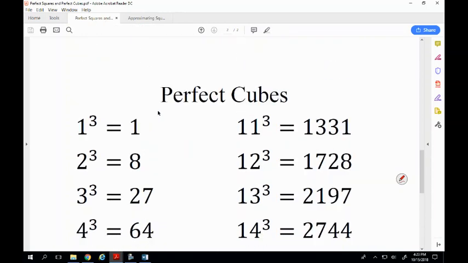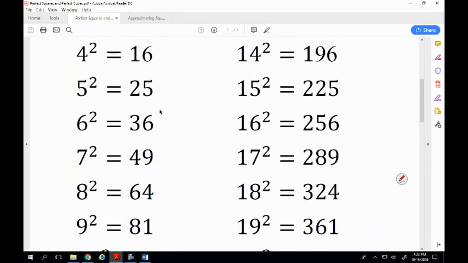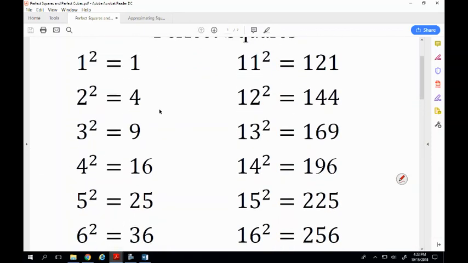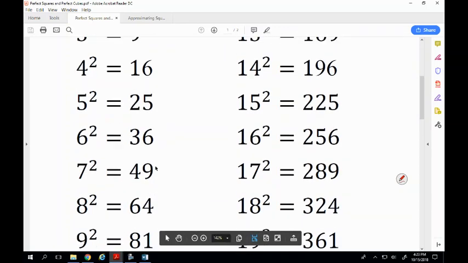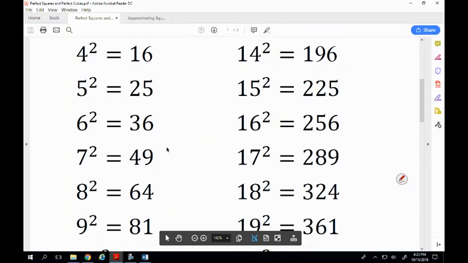So anything with the power of 2. And what we're looking for is to see if our number 51 falls between these 2 numbers. So we ask ourselves, is 51 between 1 and 4, 4 and 9, 9 and 16, 16 and 25, 36 and 49, 49 and 64. And we would finally say, yes, it is, okay? 51 is between 49 and 64.